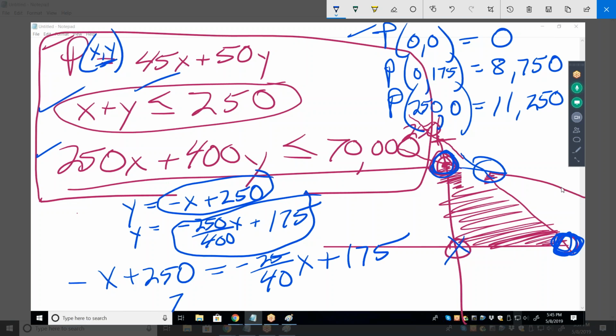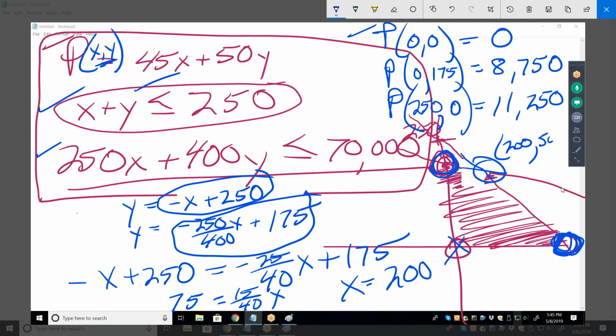So that gives us 75 equals 15/40 x. So what does x equal? x is equal to 200. So the coordinates on that point are 200, and we need y also. So y must be 50.